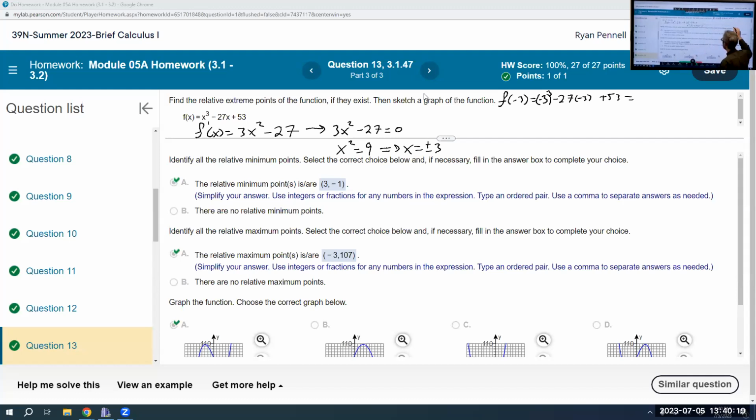And for that, I got 107, which is my relative maximum. And then f of 3 is 3 cubed minus 27 times 3 plus 53. I got -1, relative minimum.